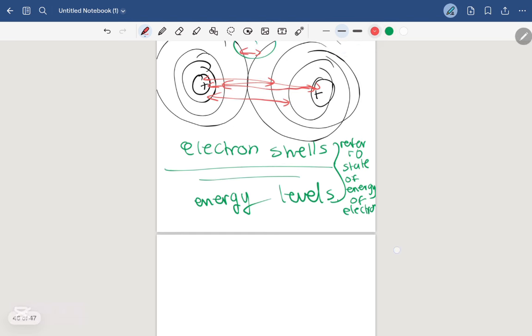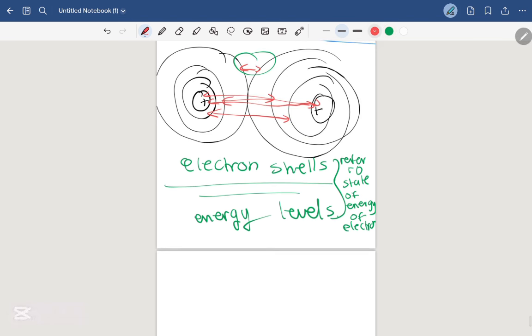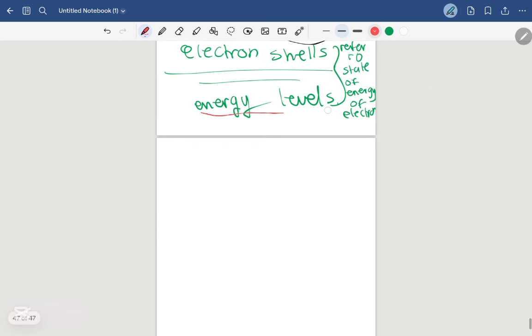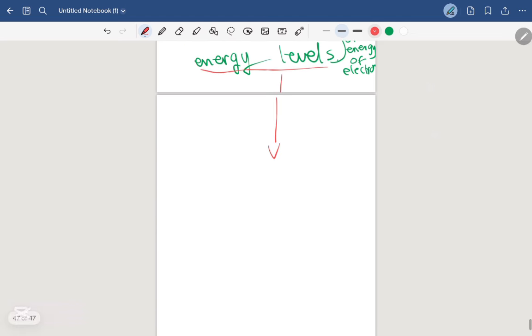But energy level, on the other hand, what is its definition? What does it do? It assigns a positive integer n, known as the principal quantum number, back to Pauli's theory.